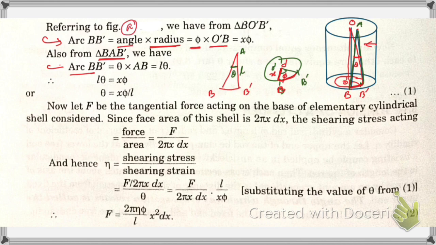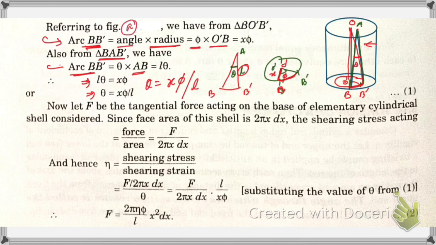So that's why theta into AB, where we have considered the length AB as L. So L theta we have got. Both are representing the same arc. So we can write L theta is equal to x phi, right? So theta will be equal to x phi by L, x phi divided by L, right?